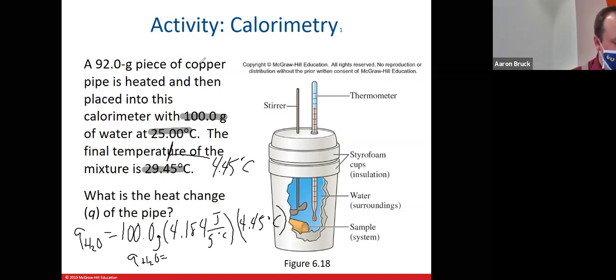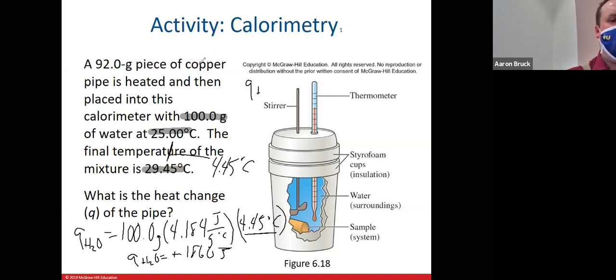If I did that calculation, 100 times 4.184 times 4.45, to 3 significant figures because of my temperature, I get that the water gained 1,860 joules of energy.